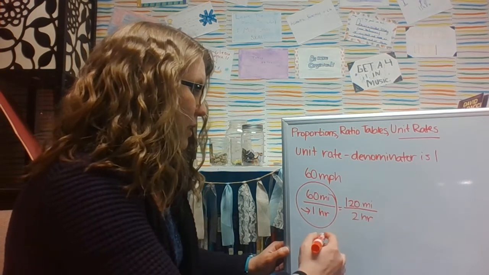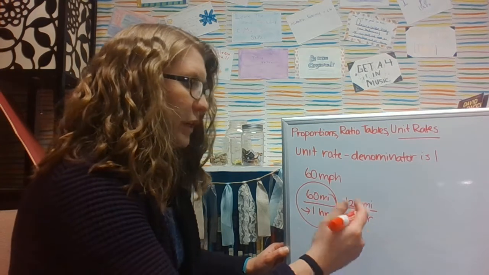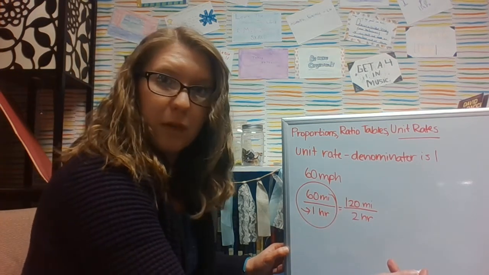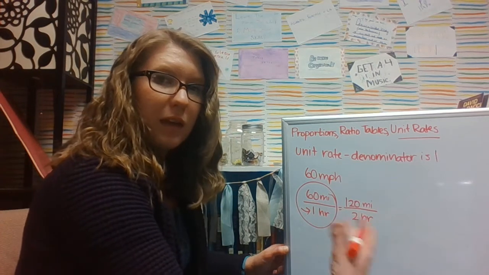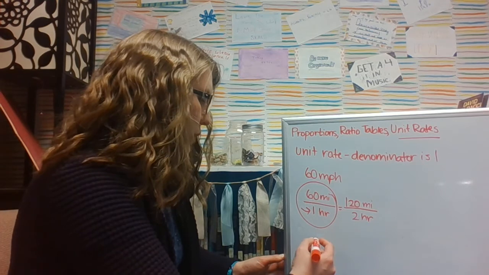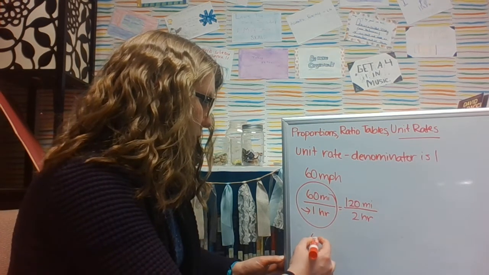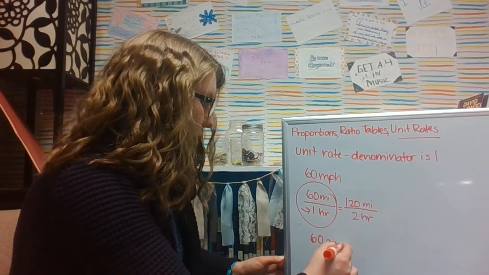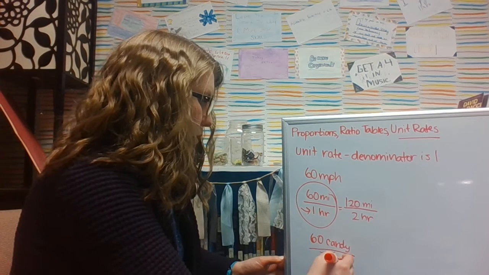If I have something like a whole bunch of candy that I'm trying to split between my friends, we're trying to split it up, then I might say, I need to find a unit rate. So I have 60 pieces of candy per my 5 friends.